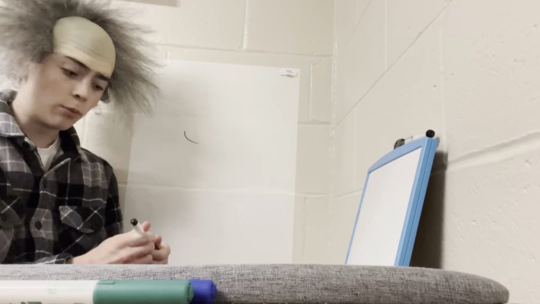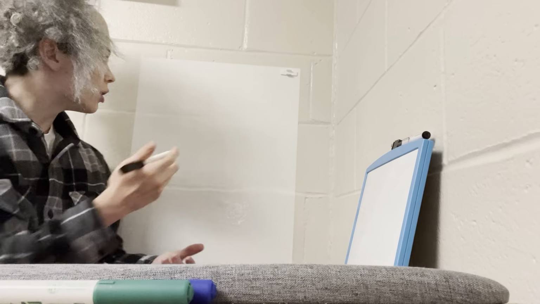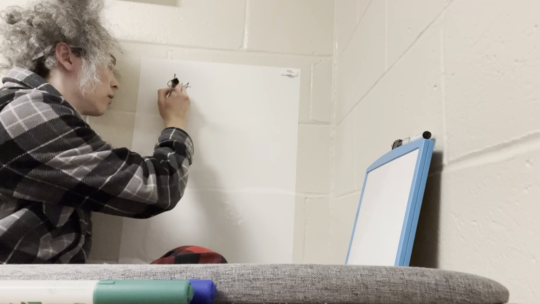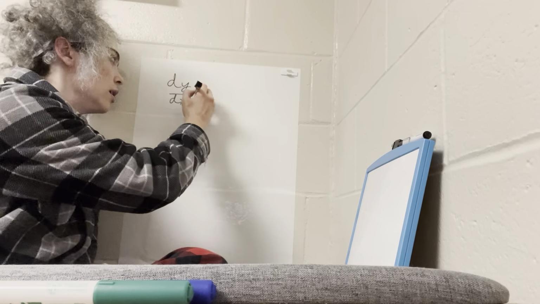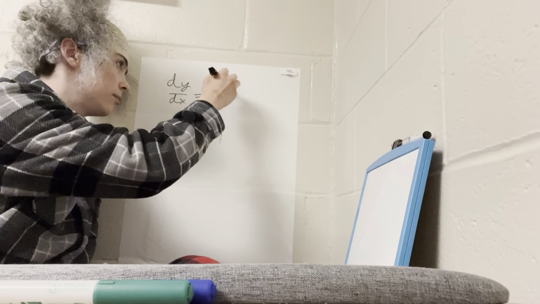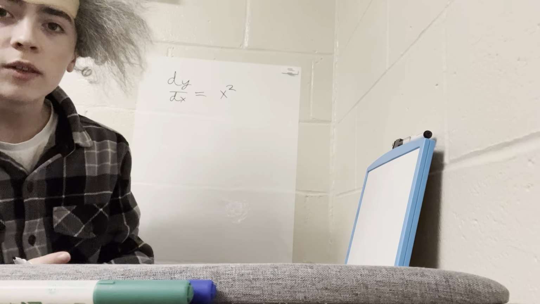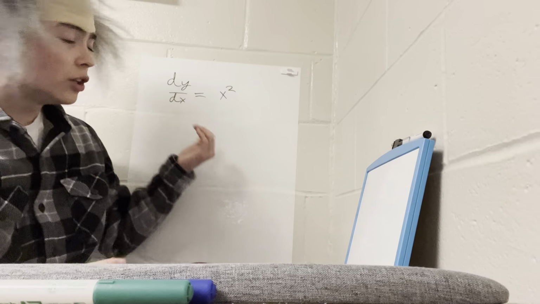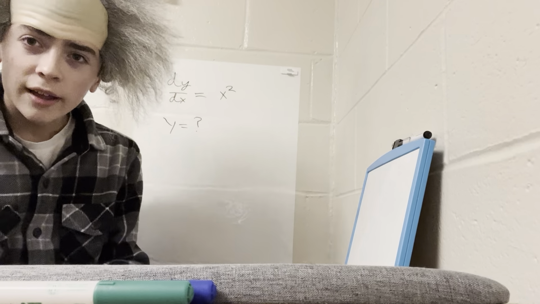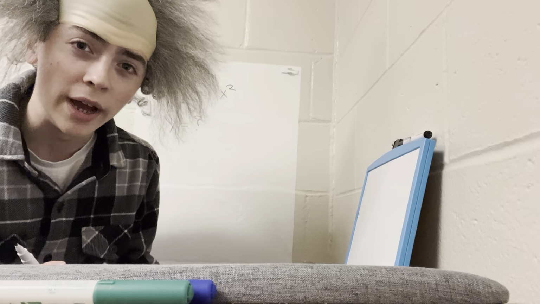So differential equations. Generally, you're going to be given an equation in the form of, for example, dy dx is equal to, let's just say, x squared, right? This is a differential equation. Notice you're not given what y actually equals, but very often with differential equations, you are tasked to find what y equals.